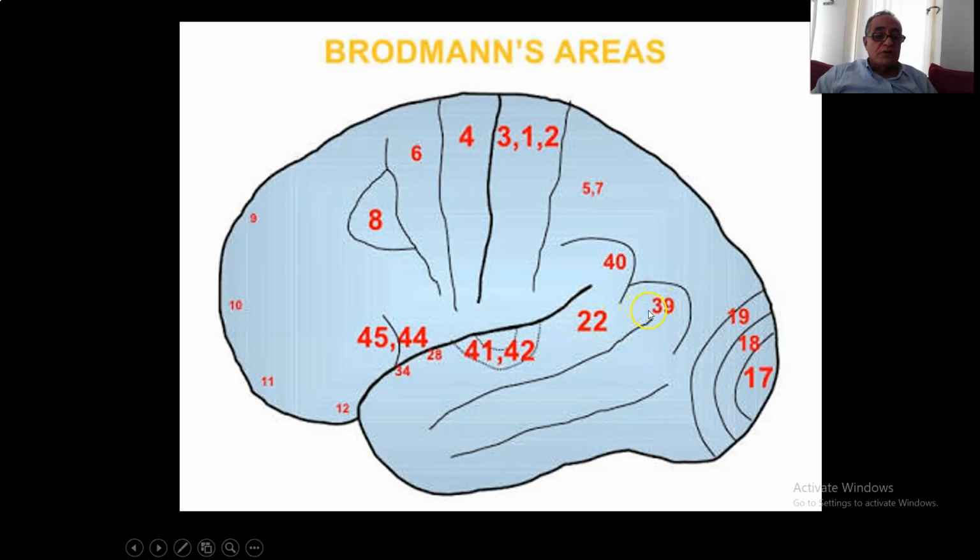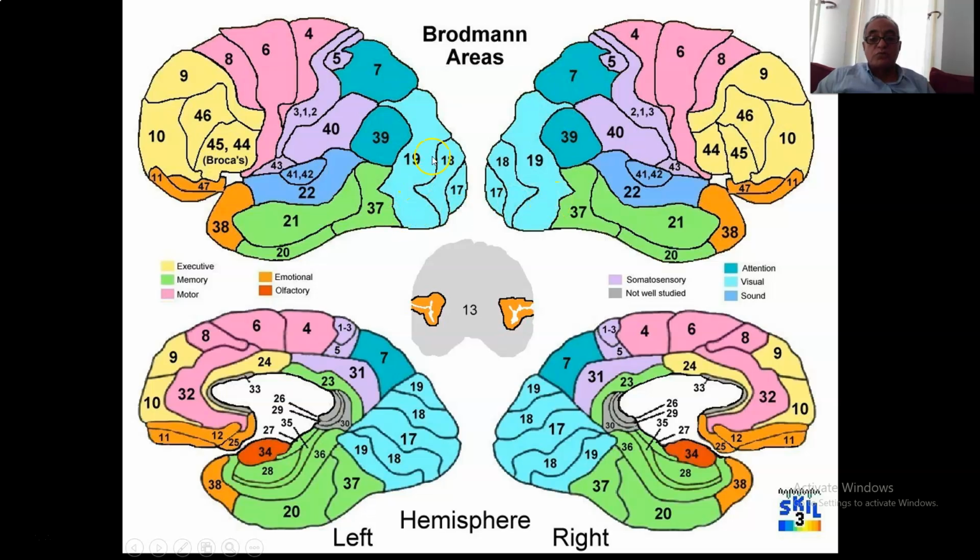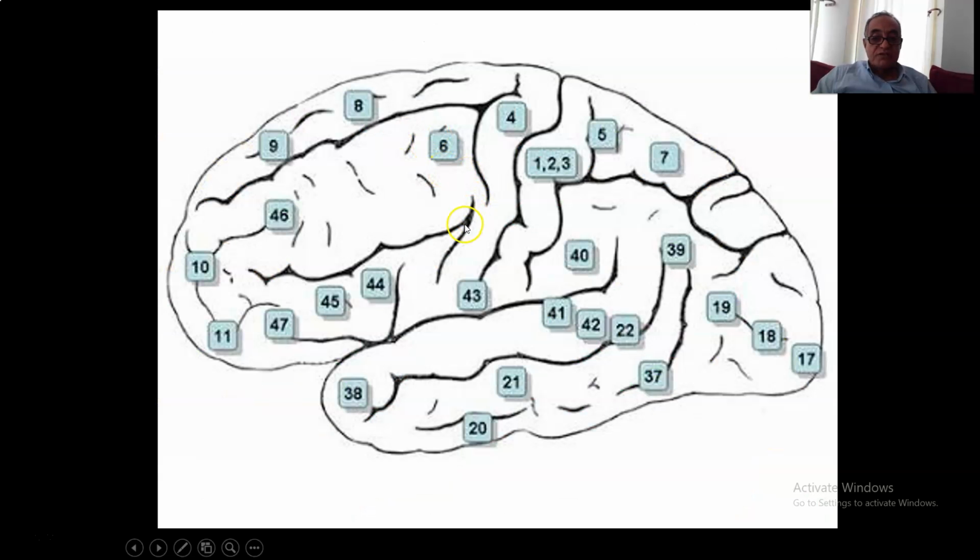The angular gyrus is area 39, the supramarginal gyrus is area 40. And here also we have the visual area 17 and the visual association areas 18 and 19. So these are Brodmann areas showing the different areas of the brain, and we mentioned the most important areas. This is area 44, present in the pars triangularis and part of the pars opercularis.